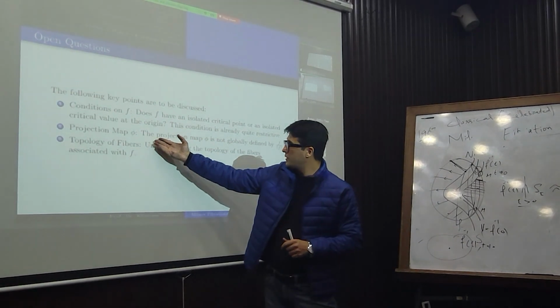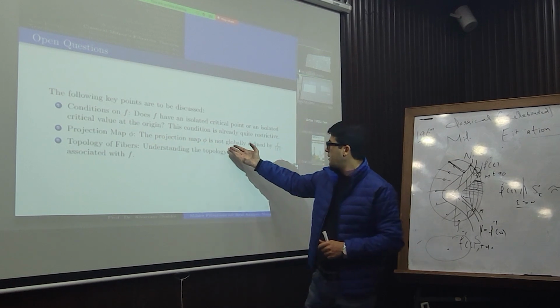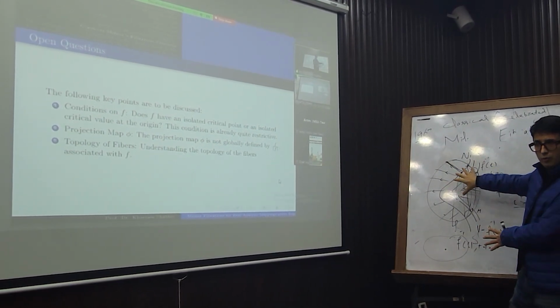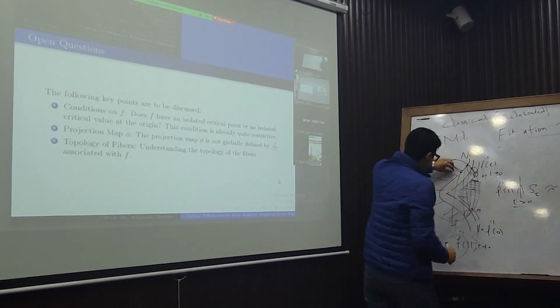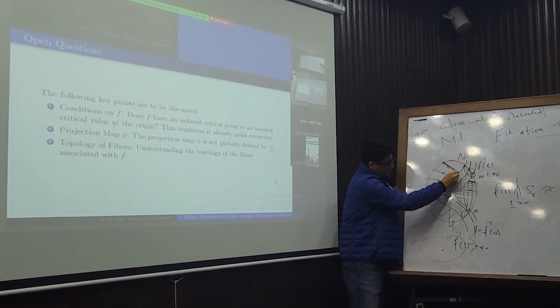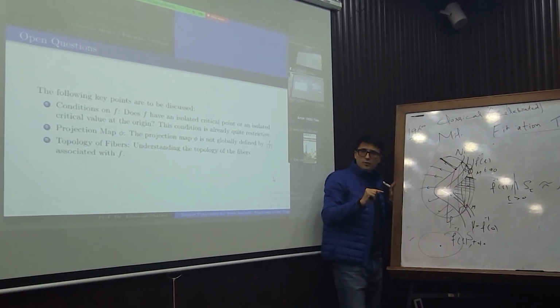And the second thing is whether it is possible to project. In the complex case we can inflate this fibration from the tube to the sphere.